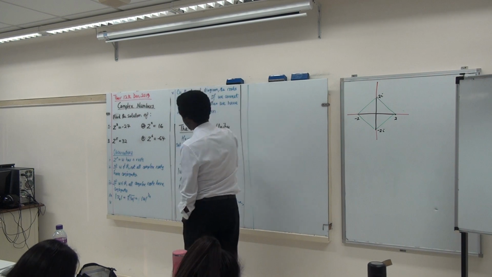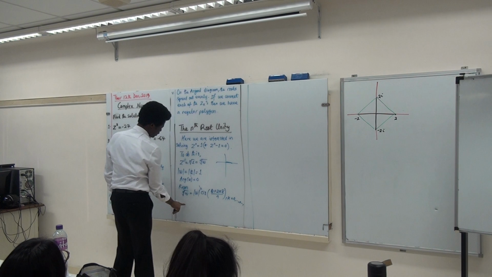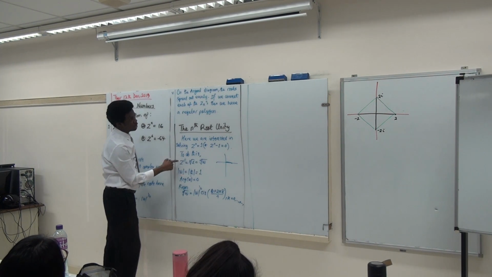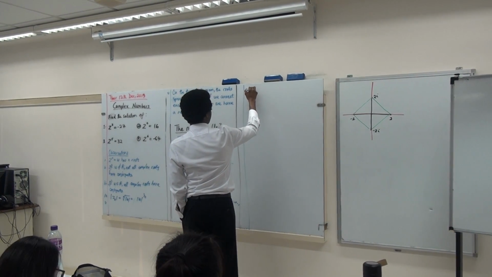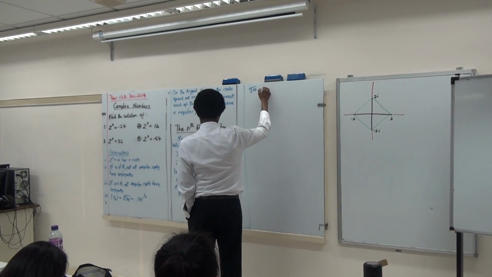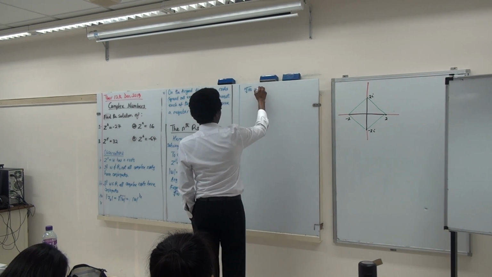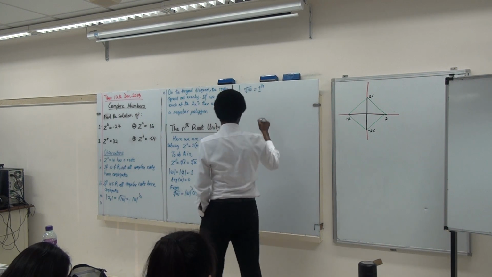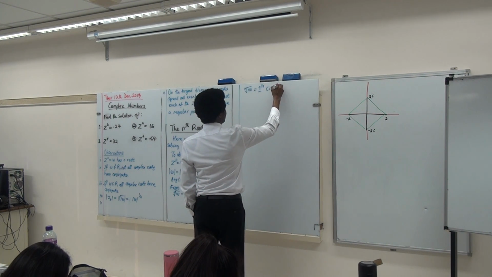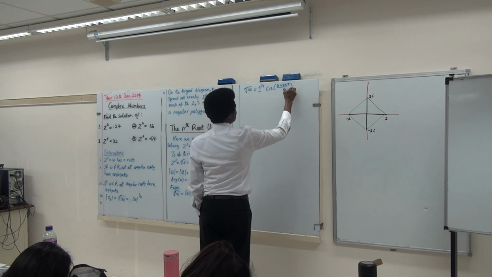Alright, so in this case, remember, this is the solution of the problem, or I say, nth root of w will be, we know this is 1, so 1 to the power 1 over n does not make any difference. CIS, theta is 0, 2k pi over n.